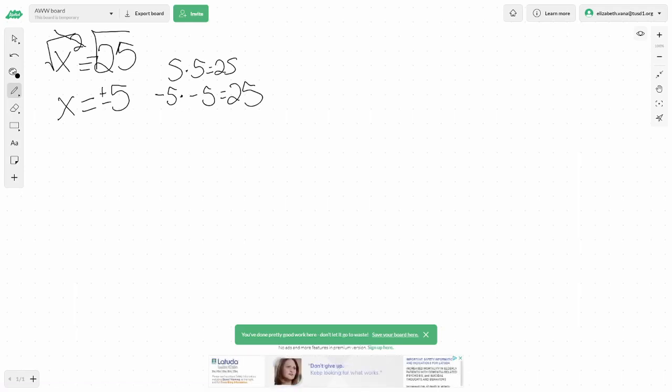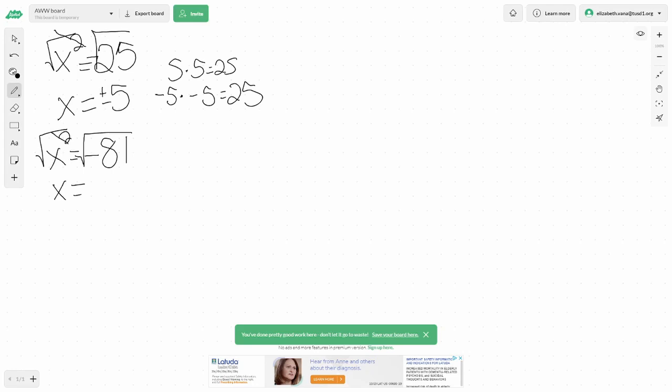What about x squared equals negative 81? If we take the square root of both sides, we get x equals, but there's a negative there. There is no real number where the number times itself is going to be negative.